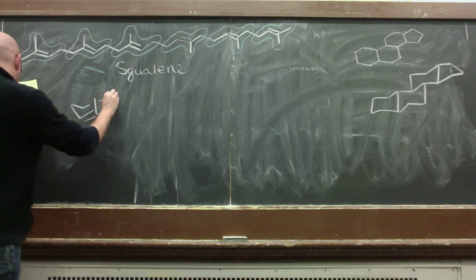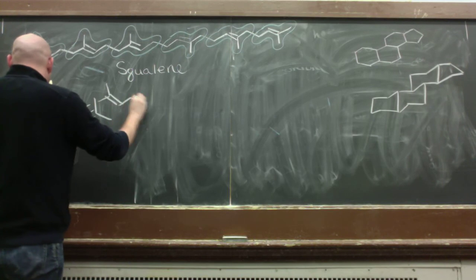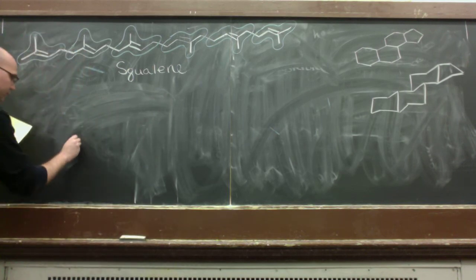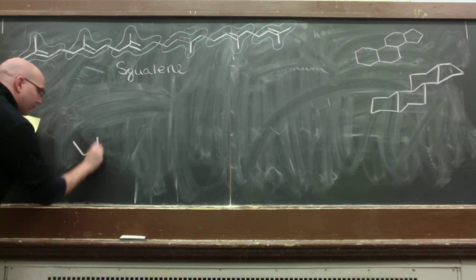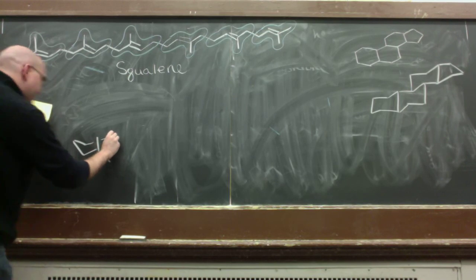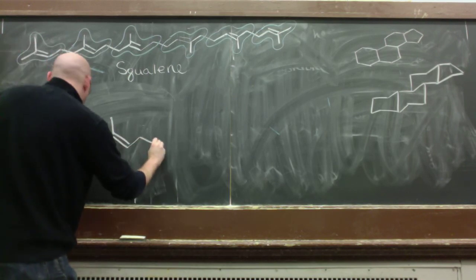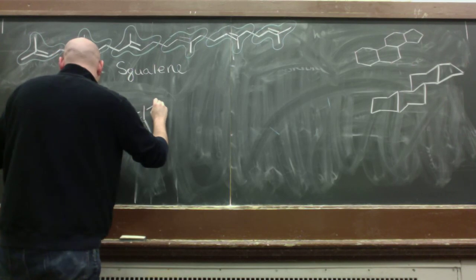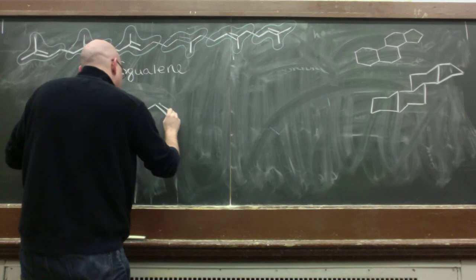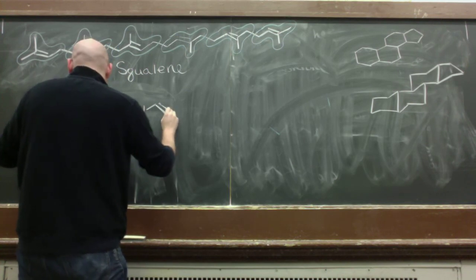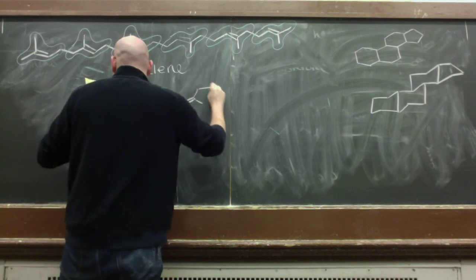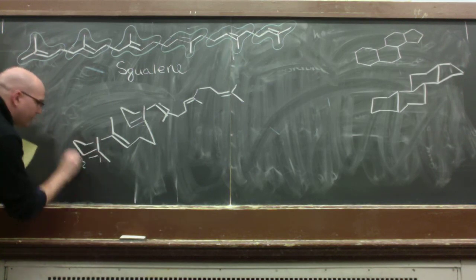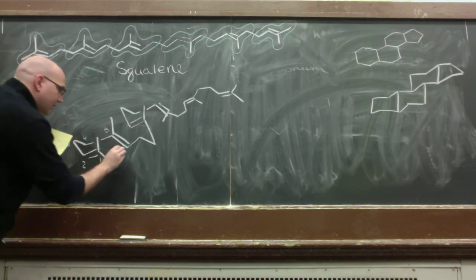But what you can see in this case is, if I start to fold this up, the five-member ring part doesn't really matter, but you can see 1, 2, 3, 4, 5, 6.